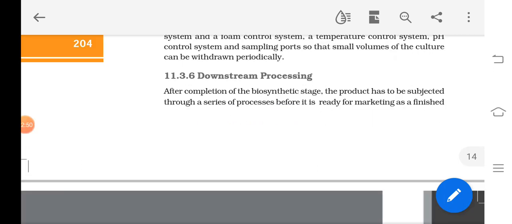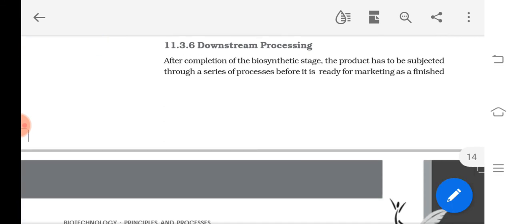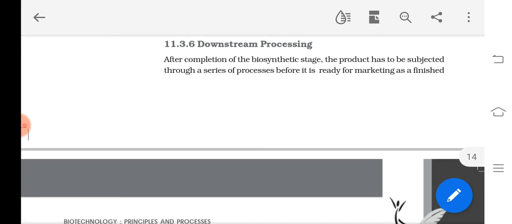Okay. The next topic is downstream processing. So downstream processing means what? In the bioreactors, the microorganism or plant cells or animal cells with the gene of interest will produce the product. So this product which is produced should be separated. A series of processes has to be done before it is marketed.